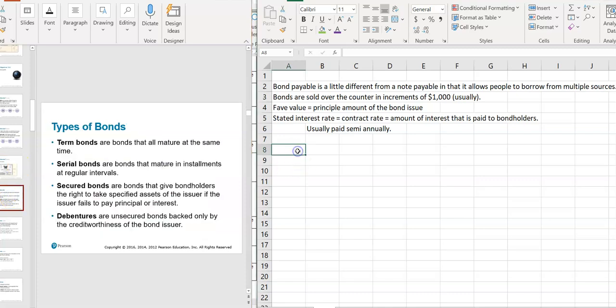All right, there are different types of bonds. So there are several types of bonds. A term bond matures all at the same time.